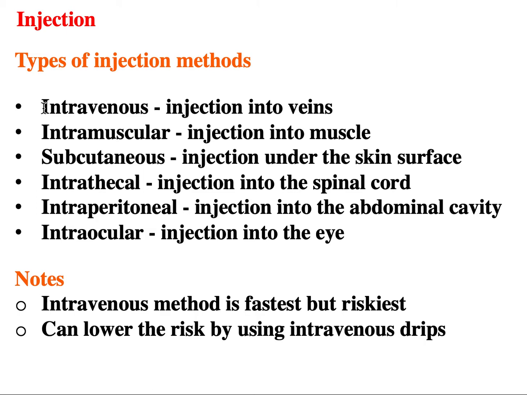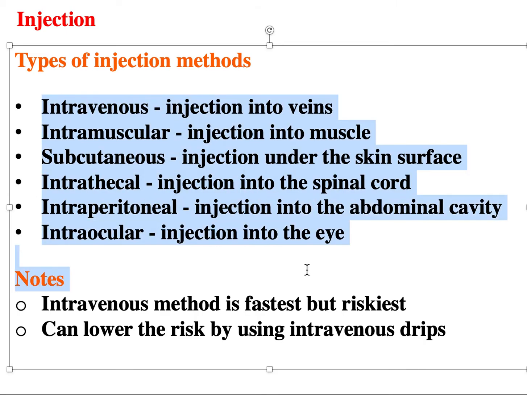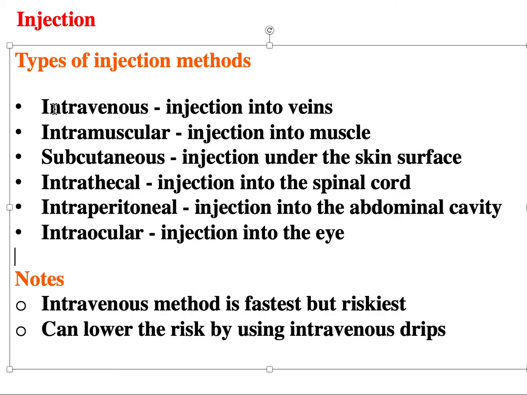Okay, so intravenous, right? There's a number of different injection methods. So IV is injection into veins, right? This is the most common. IM, injection into muscle, and this is where a lot of your vaccination is. Sub-Q, subcutaneous, we talked about this before.